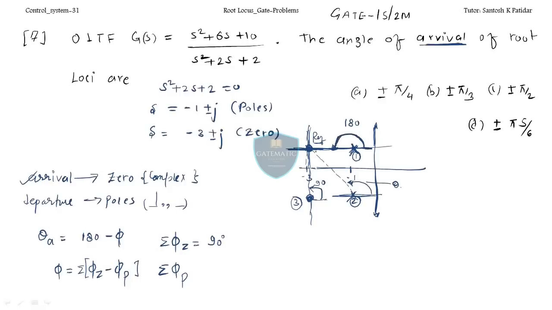Over here, I have joined the 2 points, and from the horizontal I find the angle of that line, that is 90 degree in the zero's case. But in this 2 case it is 180 degree.